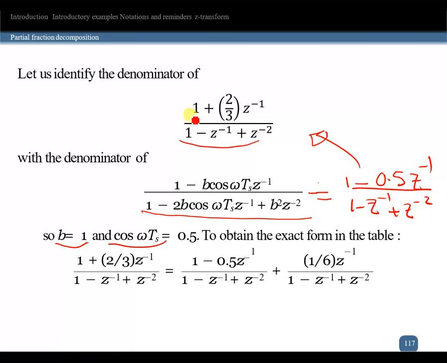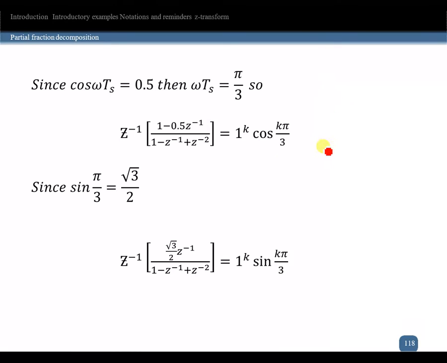The denominator will be separated from this plus another term. You know how to separate this one, and as you know, this is exactly the standard form, which will become cos(kπ/3). Okay, this one I found.